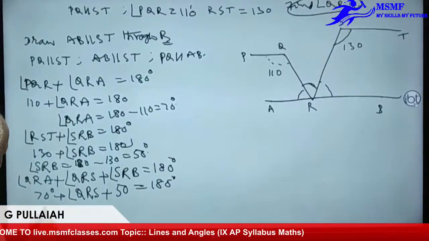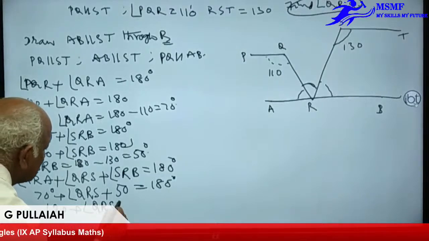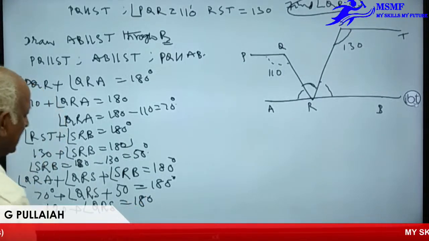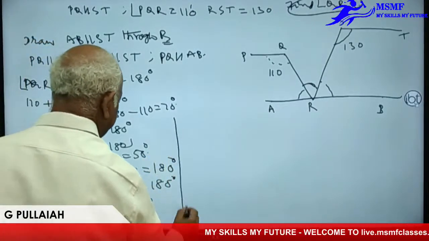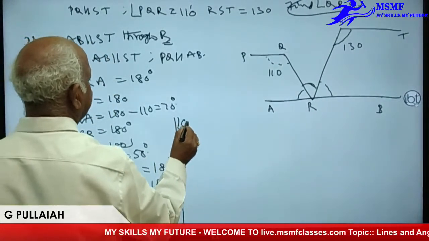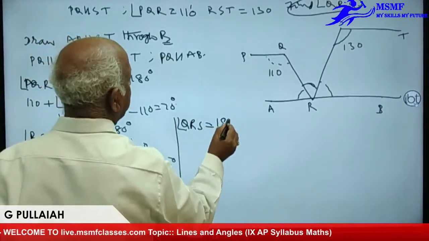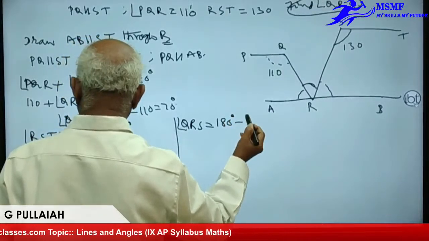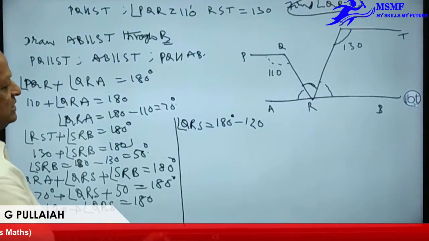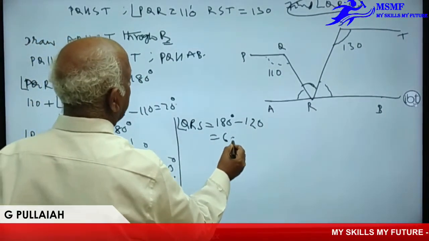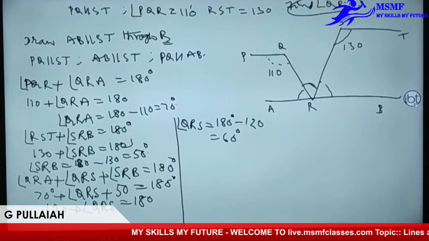So 120 plus angle QRS is equal to 180. Therefore QRS is equal to 180 degrees minus 120 degrees, that is nothing but 60 degrees.